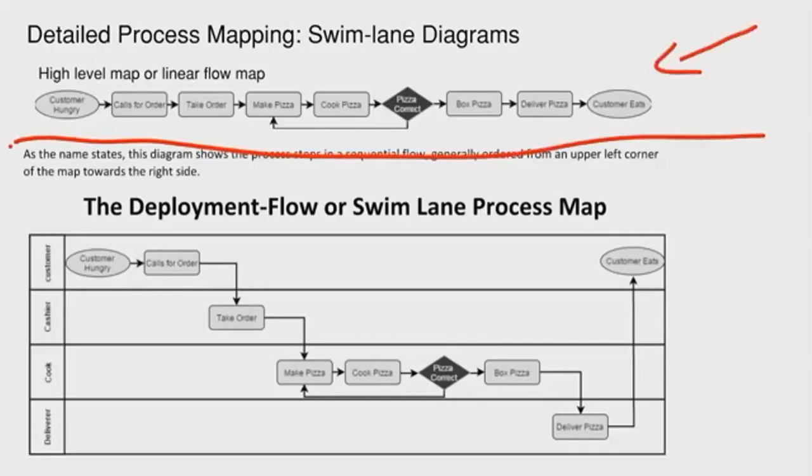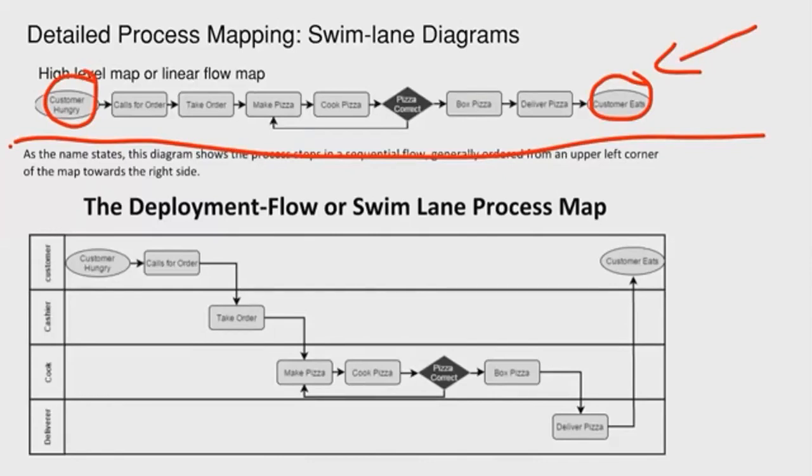High-level process maps we use at the beginning of the define phase, primarily as a communication tool. This happens to be a high-level process map of everything from the customer being hungry to the customer eating. It's a process map of the pizza fulfillment process. Fits the criteria for a high-level map.